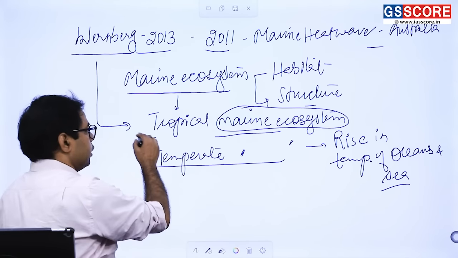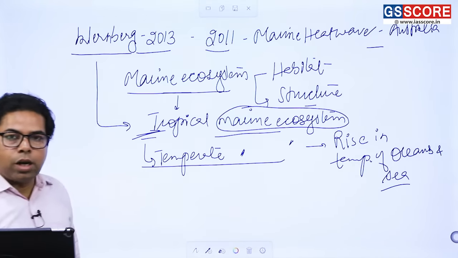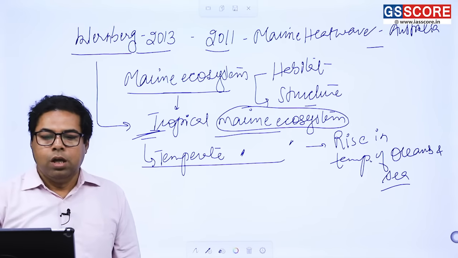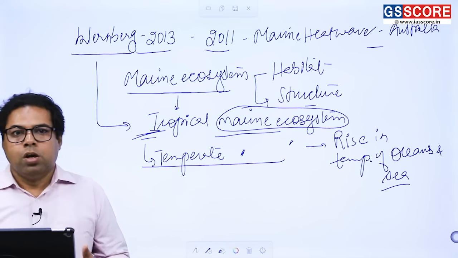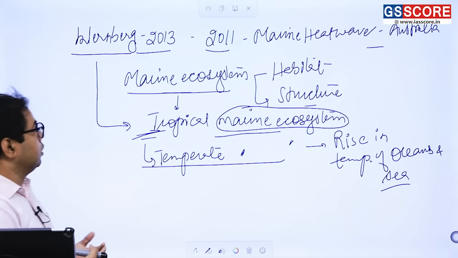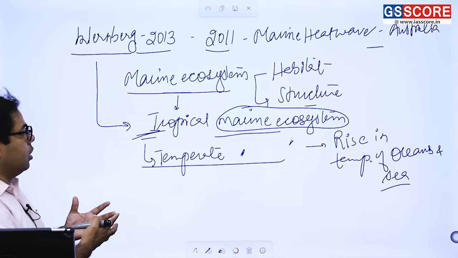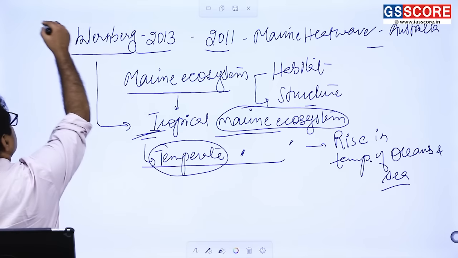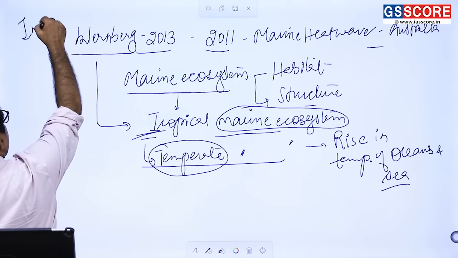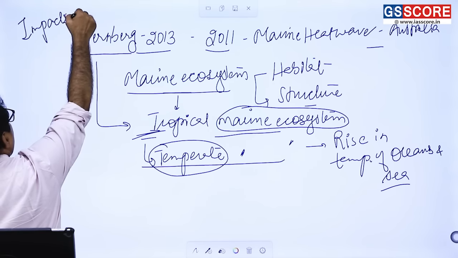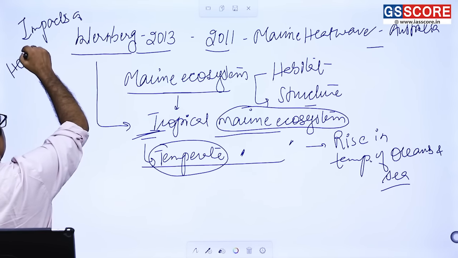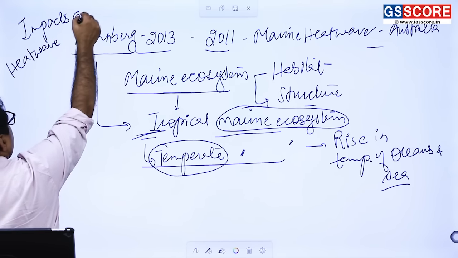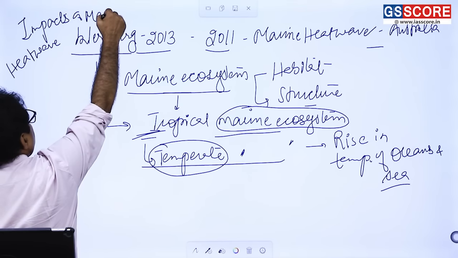It started appearing similar to a tropical marine ecosystem, which was earlier observed as a temperate marine ecosystem. So these are the impacts of heat wave, or marine heat wave.